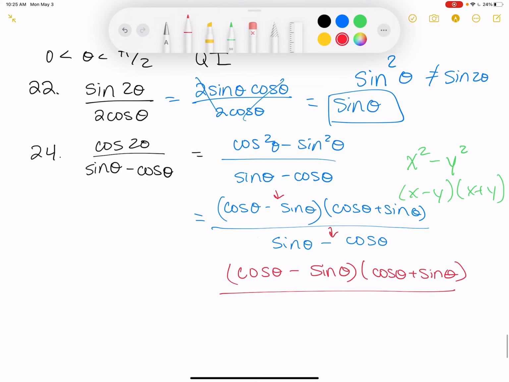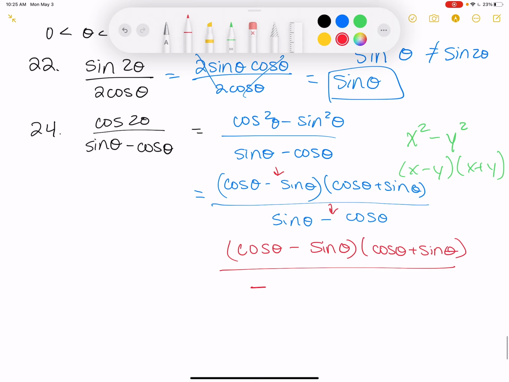The bottom now, I'm pulling out a negative, so I now have negative times cosine of theta. I took out a negative, so cosine of theta becomes positive. But because I took out a negative, sine of theta is now negative. So taking out the negative allows me to switch them and switch their signs, but that negative sign has to stay out front.